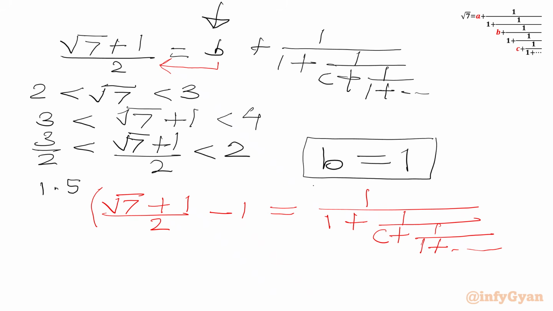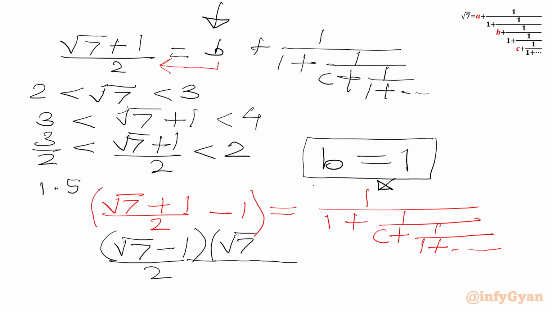Again we are going to simplify our LHS. Root 7 plus 1 minus 2 will be root 7 minus 1 over 2. Now we have 1 in the numerator of RHS. So we'll try to maintain the same in LHS. We need to rationalize our numerator. We'll multiply by root 7 plus 1, and here we'll write root 7 plus 1.